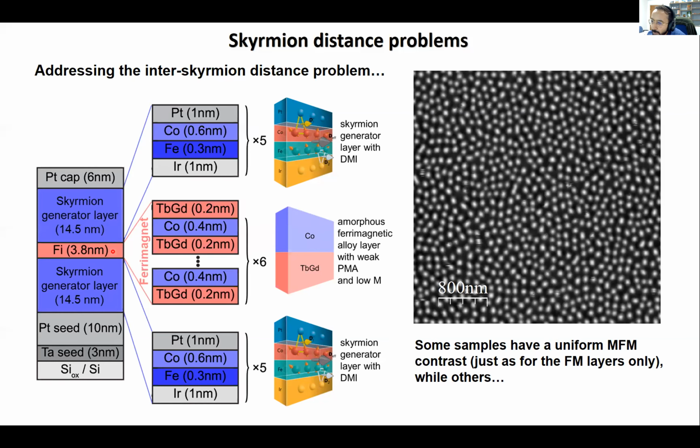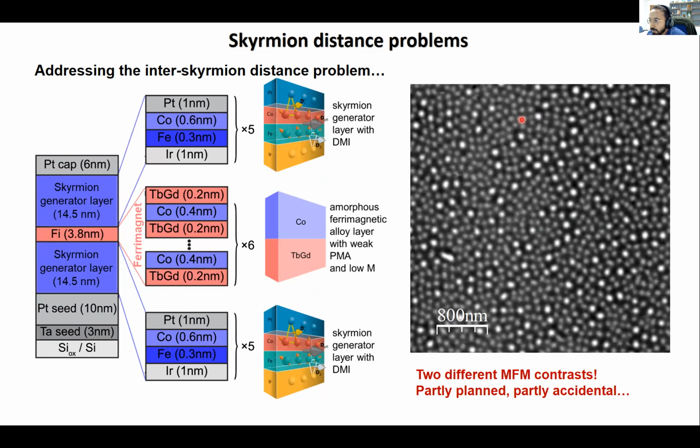But now we have placed a ferrimagnetic layer between these two top and bottom ferromagnet skyrmion layers. And the moment we do that, we see that in some samples we don't observe anything. All the skyrmions are generated in the same MFM contrast, nothing out of the blue. Everything seems the same as before.